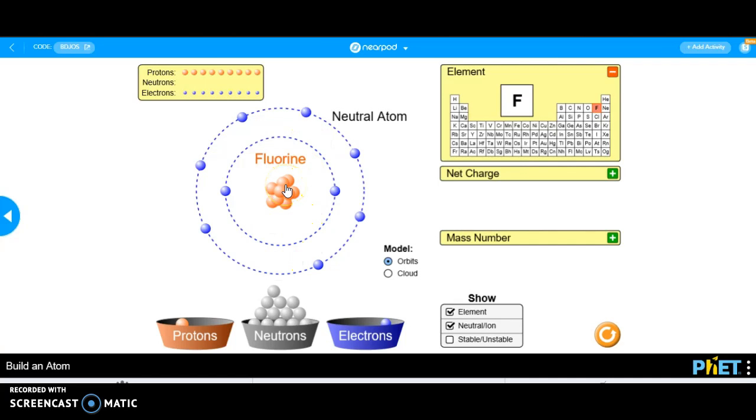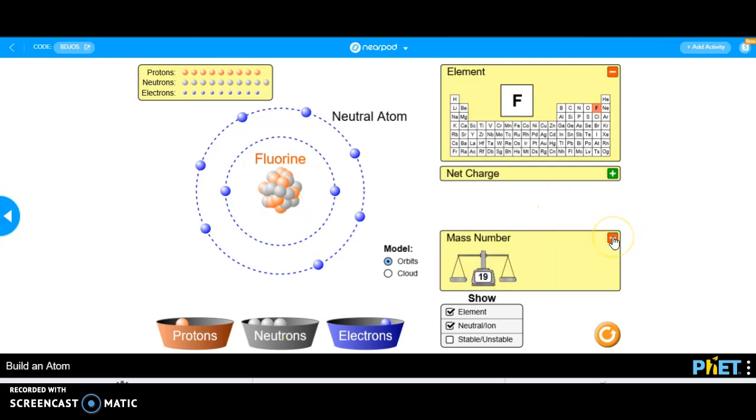And then we know that the mass of fluorine is 19, which means we will need 10 neutrons to equal the mass number. So let's see if the mass number equals 19, because remember, protons plus neutrons equal the mass number. And look, we have 19.